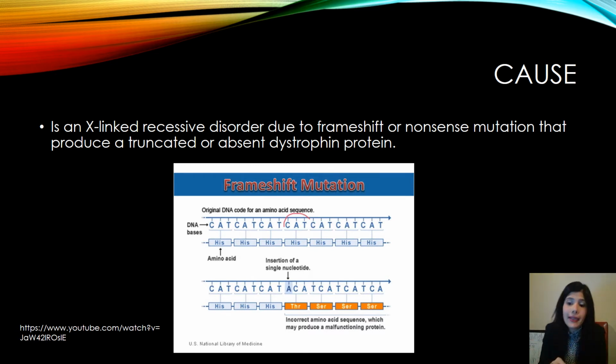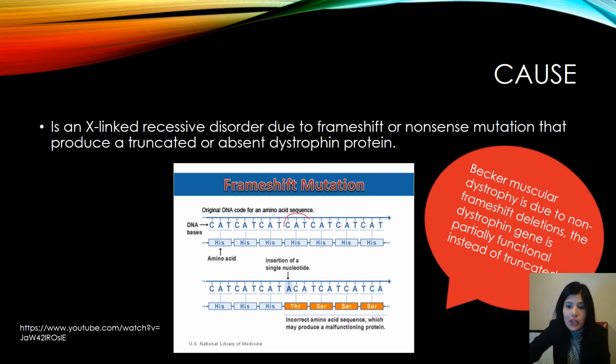So you're going to get a shortened, non-functional protein, and the name of this is a truncated protein. And this is going to help us understand the difference between Duchenne and Becker muscular dystrophy, because Becker is due to a non-frameshift deletion. So the dystrophin gene is partially functional instead of truncated.